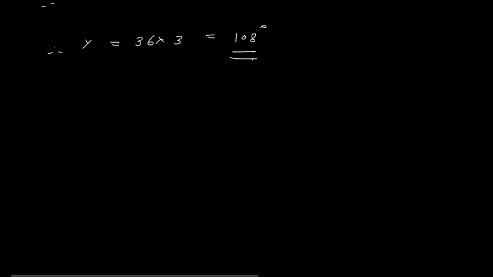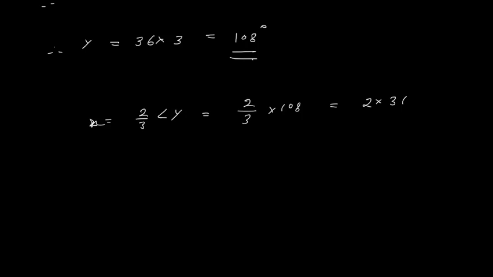So y is 108 degrees, and angle x, which is 2/3 of angle y, will be 2/3 of 108. 108 divided by 3 is 36, and 2 times 36 is 72.